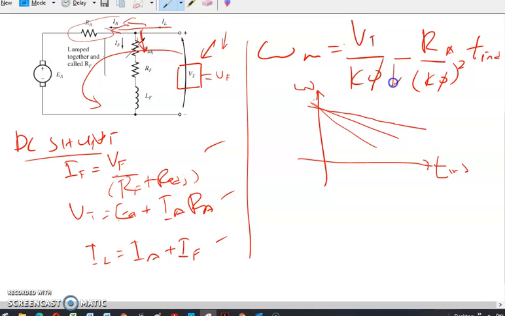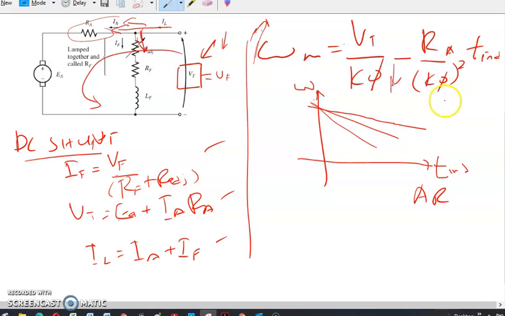If the flux reduces, the speed will tend to increase. By right, if we increase torque, the speed will reduce. That is normal. But when there is armature reaction, AR, the flux tends to reduce.